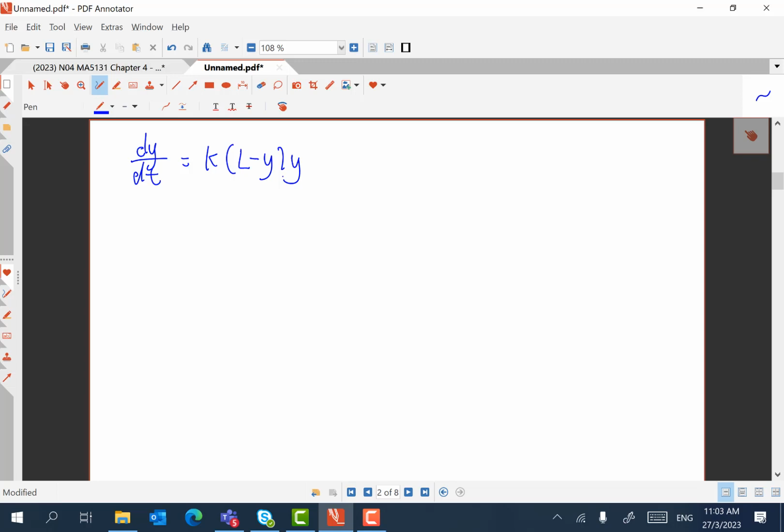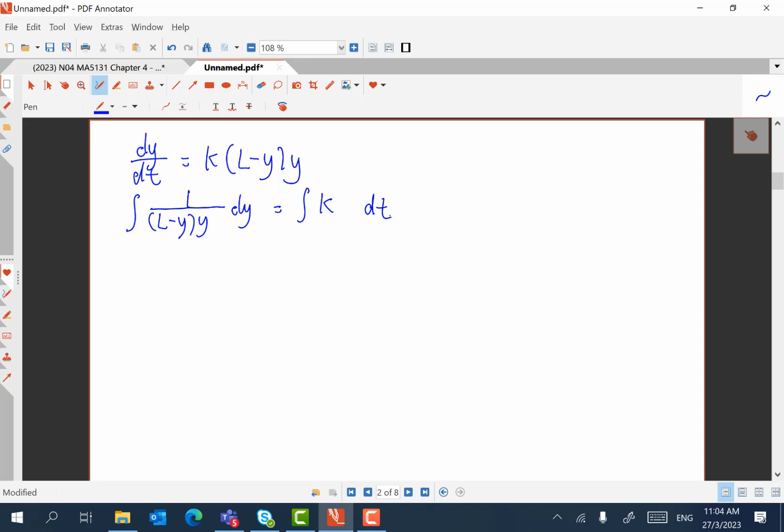And to solve this DE, as the name suggests, you have to separate them into two parts. I have simply separated them in two parts because it's a variable separable equation.